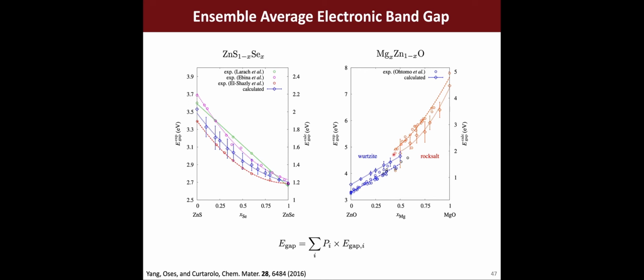Then when you cross over there's a phase transition from wurtzite to rock salt, and the relationship looks a little more quadratic. You can see that the calculated results emulate this very well. It really models the system very well.